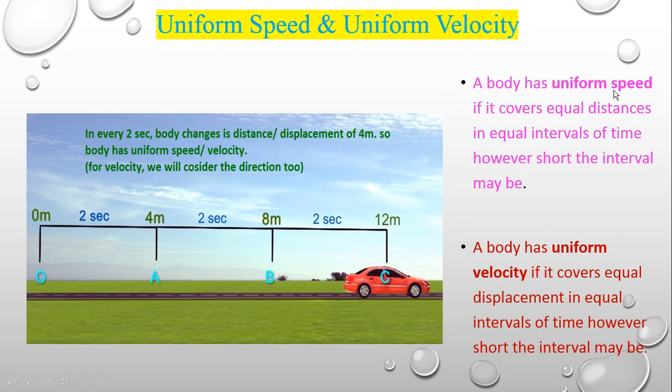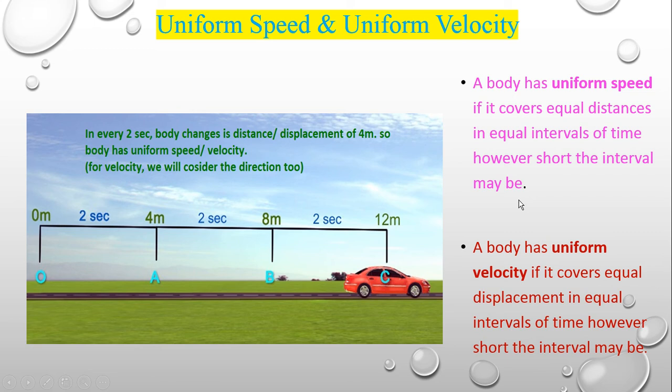A body has uniform speed if it covers equal distances in equal interval of time, however short the interval may be. A body has uniform velocity if it covers equal displacement in equal intervals of time, however short the interval may be. The difference between these two definitions is only distance and displacement. Rest of definition is same.